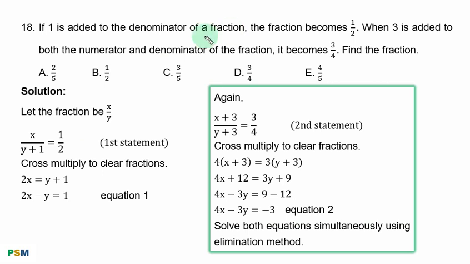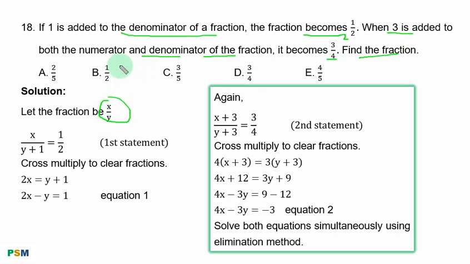Question 18. If 1 is added to the denominator of a fraction, the fraction becomes 1/2. When 3 is added to both the numerator and denominator of the fraction, it becomes 3/4. Find the fraction. Solution. Let the fraction be s over y.